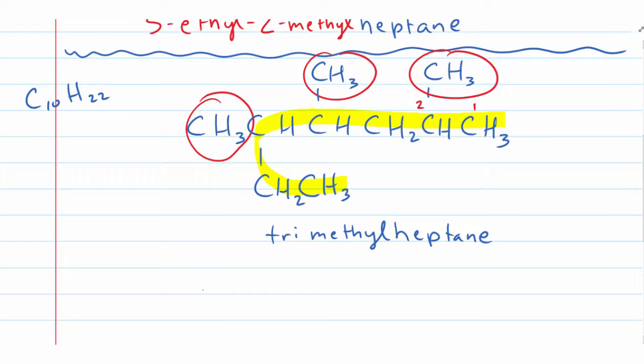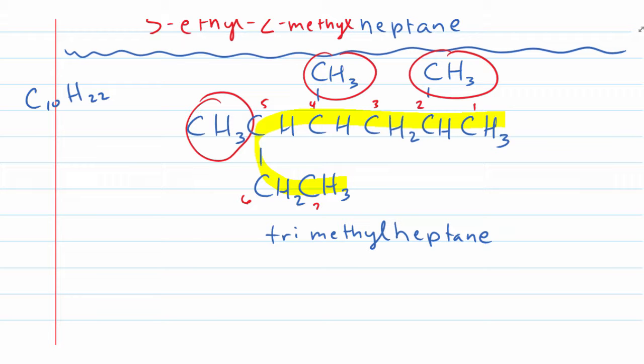So it looks like we're going to start counting right here, from the right hand side, and we'll count 1, 2, 3, 4, 5, 6, 7 for the number of carbon atoms. Then we want to tell where each of these carbon atoms are branched off. So this one is branched off of number 2. This is off of number 4. And then this one here is off of number 5.